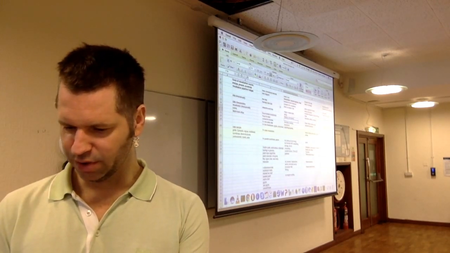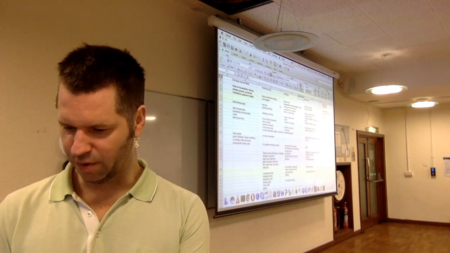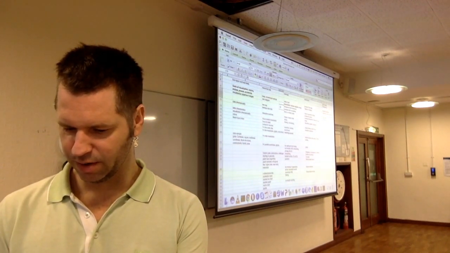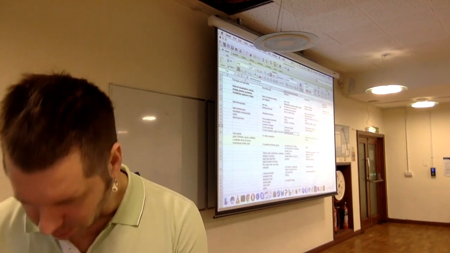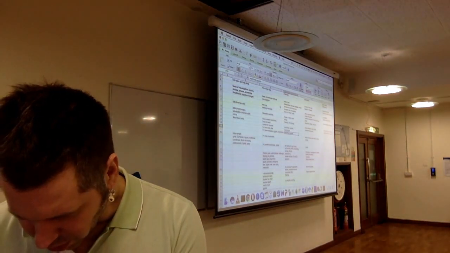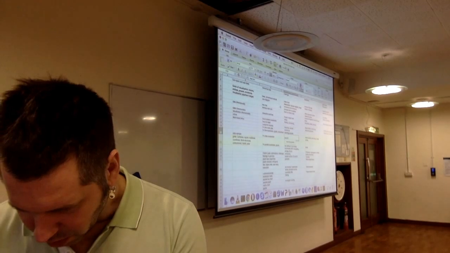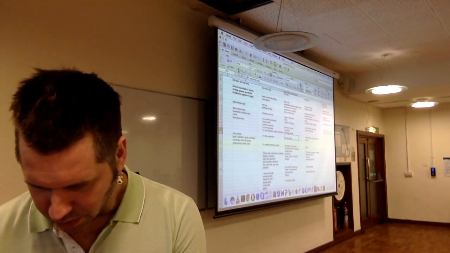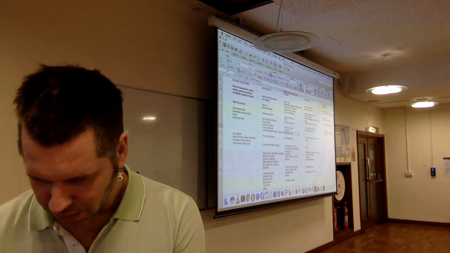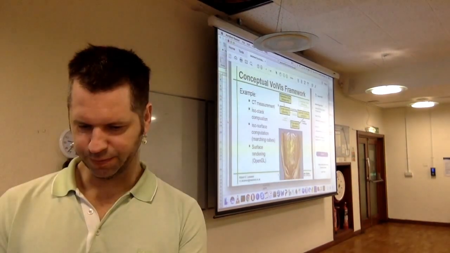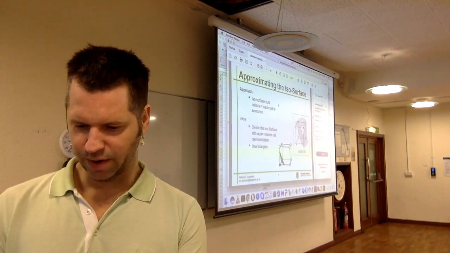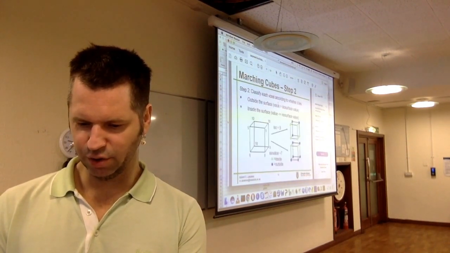Right, marching cubes is our first volume visualization algorithm. Oh, marching squares. Where's marching cubes? Marching cubes. Actually, that's the one we want. So that's marching squares, and then this is marching cubes.